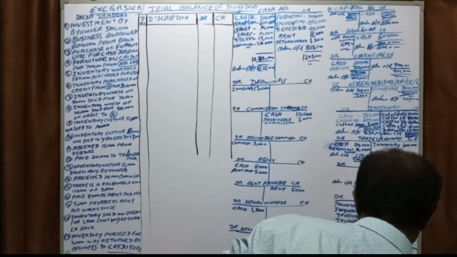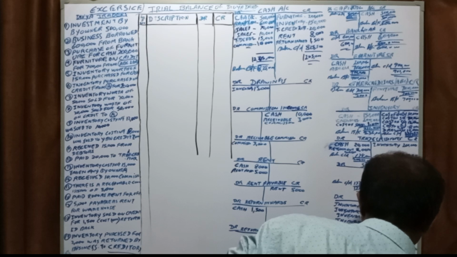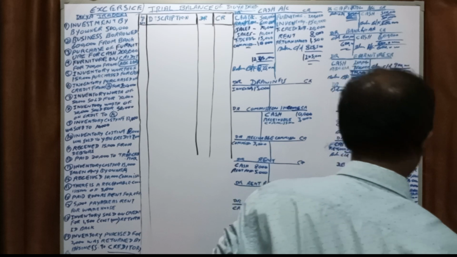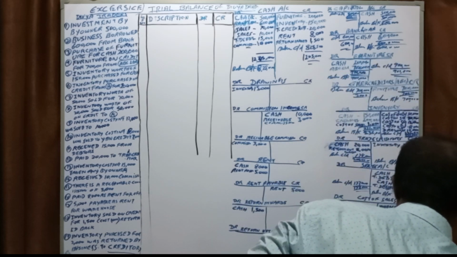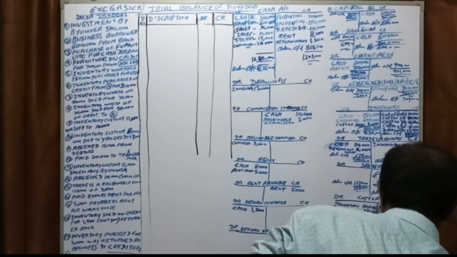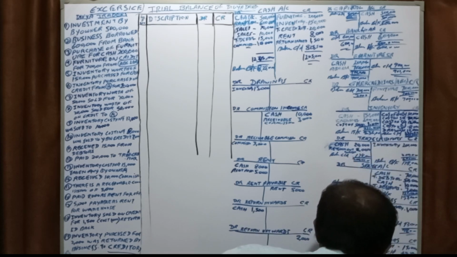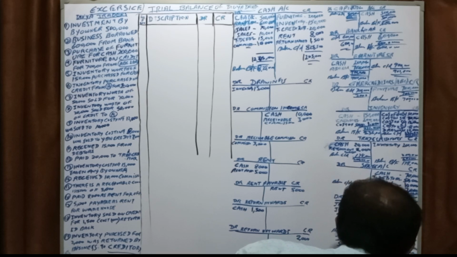Here we will say 57,000, out of which if we deduct 45, 15, then it will come around 42,000. Balance carried down. Balance brought forward is 42,000.